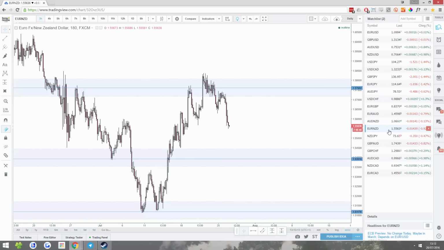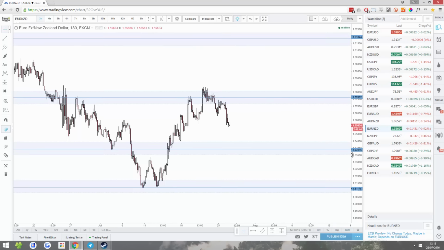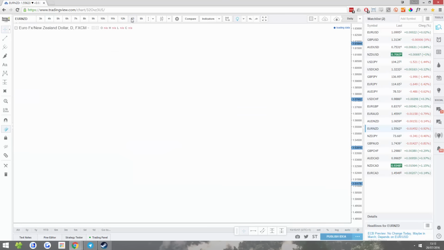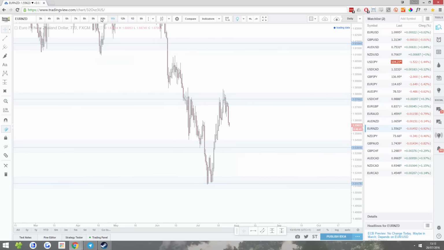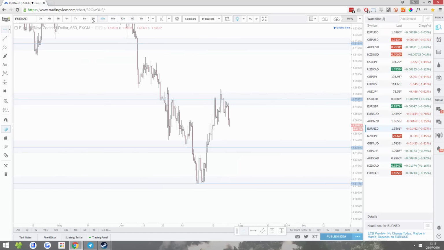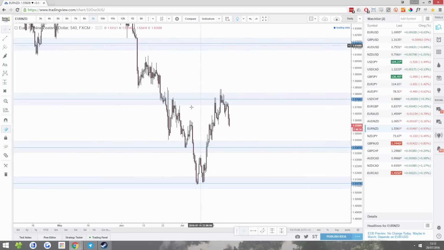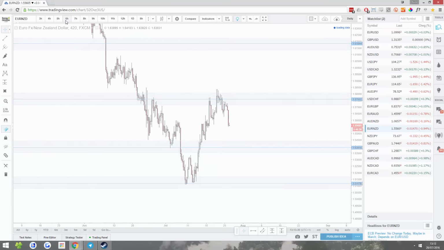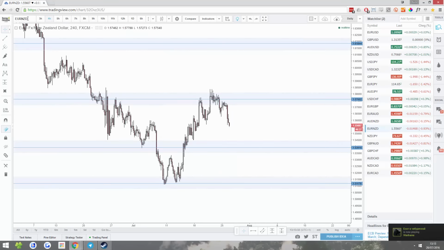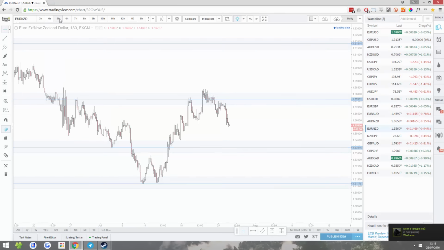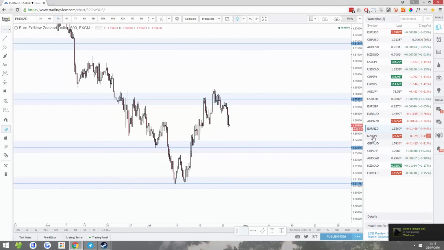Nope. Euro New Zealand is between two support resistance areas. Yeah, nothing.